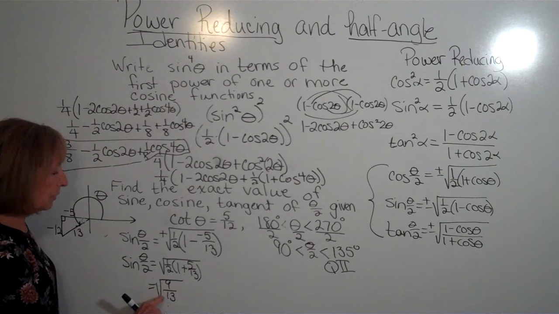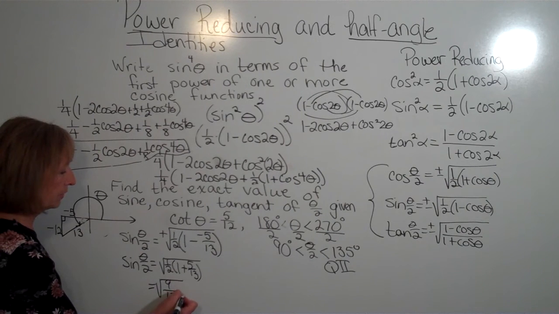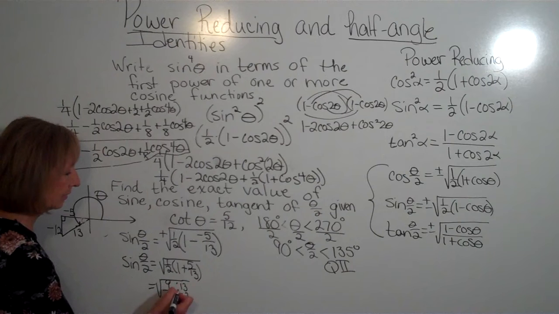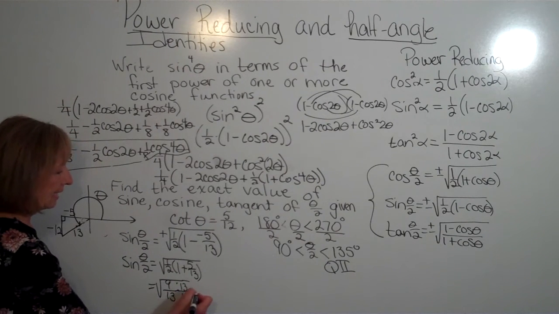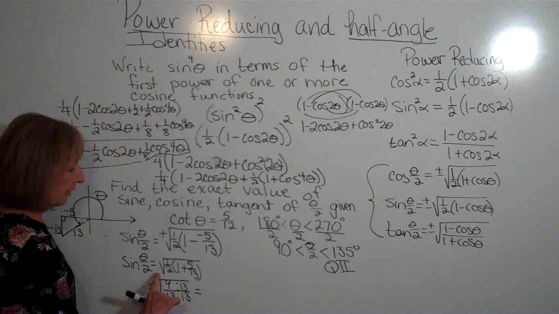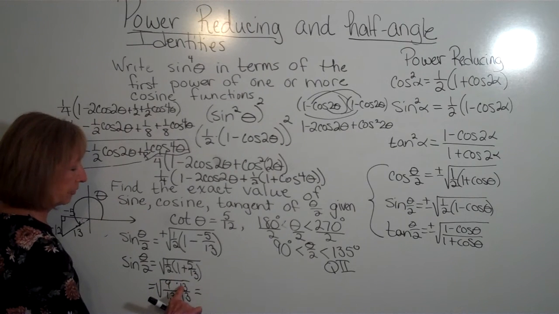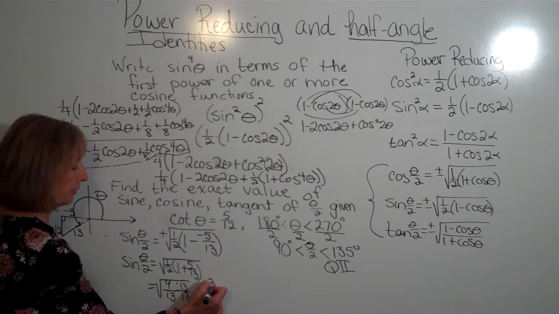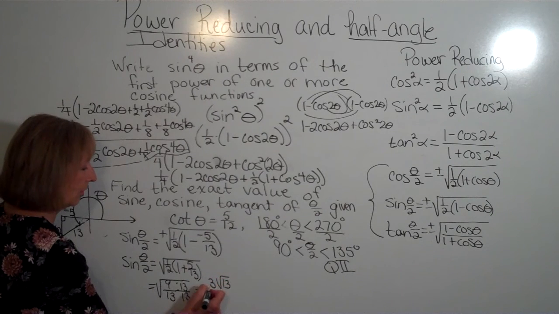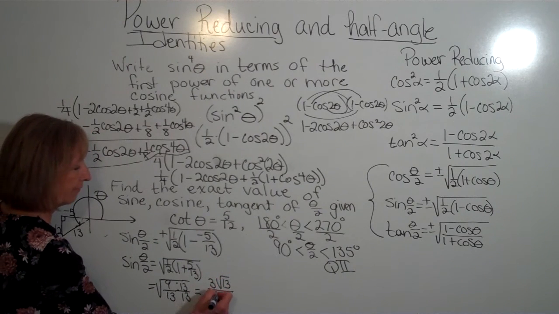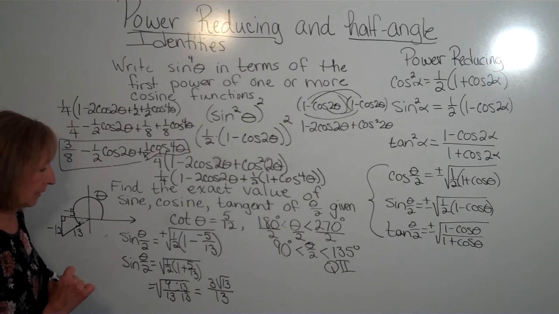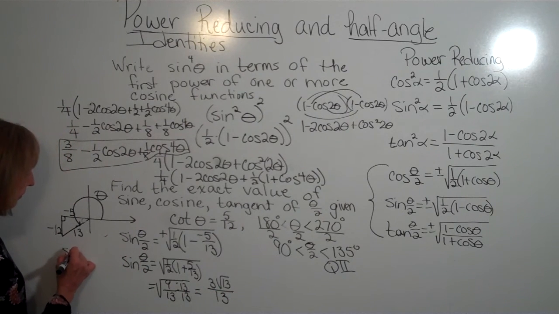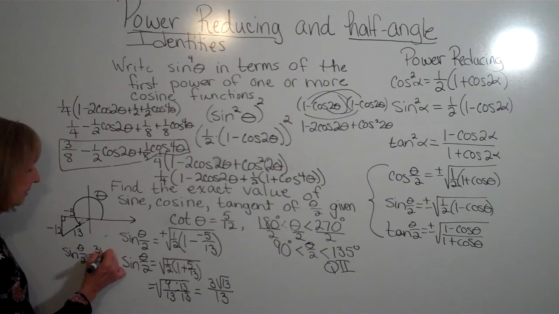And then the square root of the 9/13, if we want to rationalize this, we'll build top and bottom by 13 in the radical. In the numerator, a 3 will come out, but the 13 has to stay in. So that's 3 times the square root of 13 all over, in the denominator I have 13. So my sine of theta over 2 is 3 times the square root of 13 over 13.